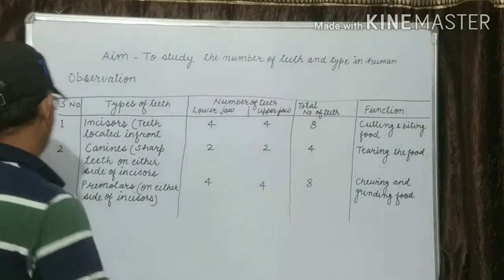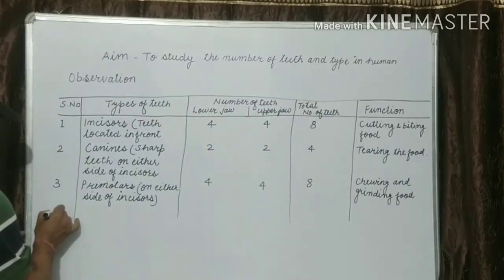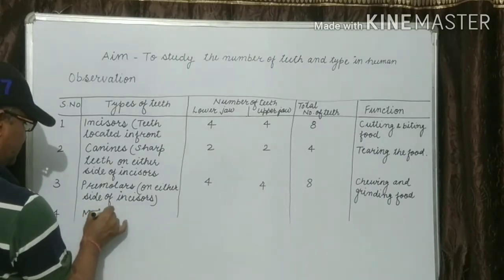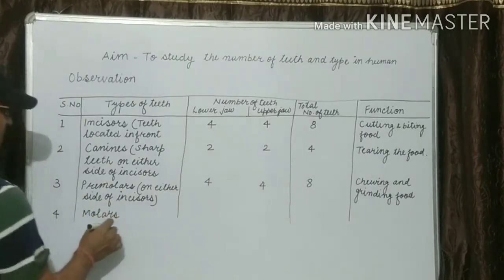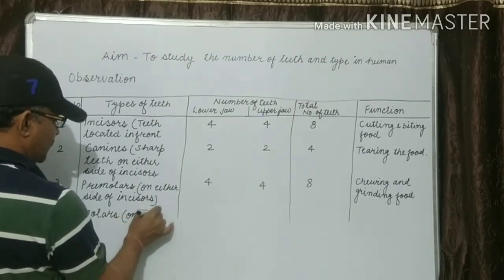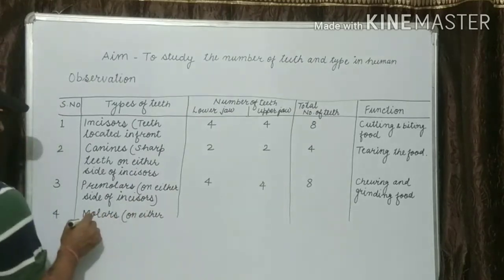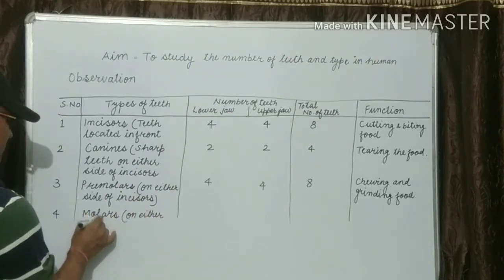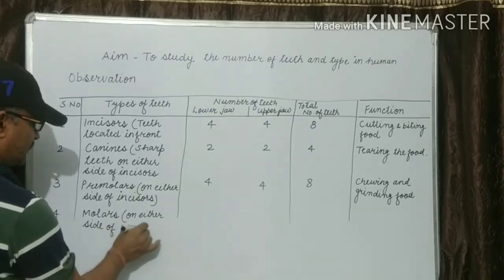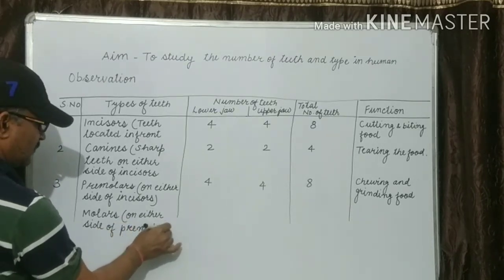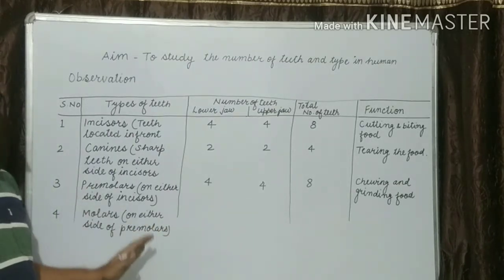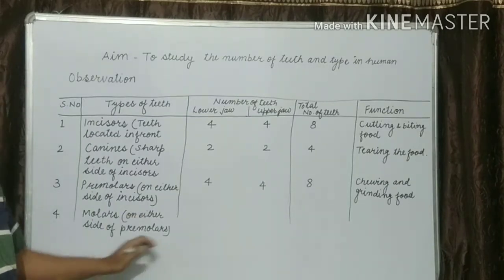Next is fourth, molars. Where they are present? On either side of premolars. Fourth type, molars, they are present on either side of premolars.